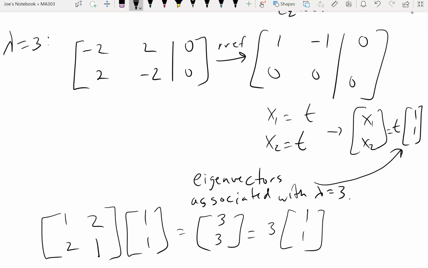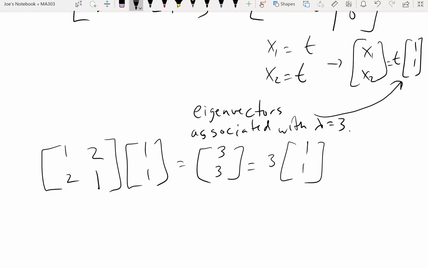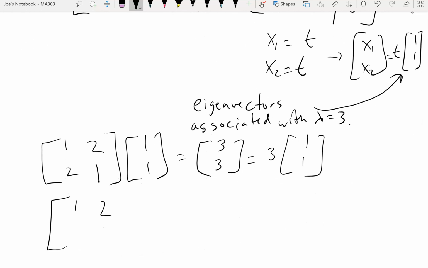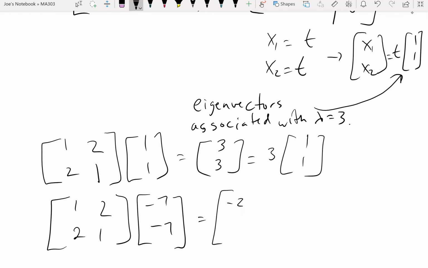We can do another one. It doesn't have to be [1, 1]. It can be any scalar times [1, 1], right? So if I did [1, 2; 2, 1] times [-7, -7], you would get [-21, -21] when you do the multiplication, which is the same thing as 3 times [-7, -7].